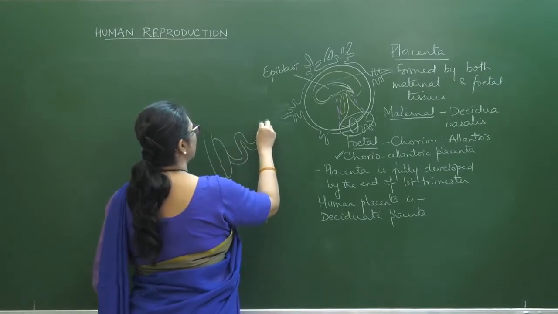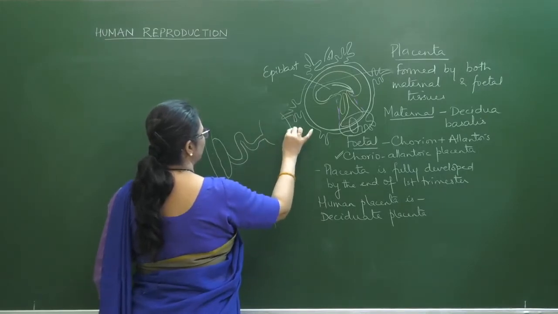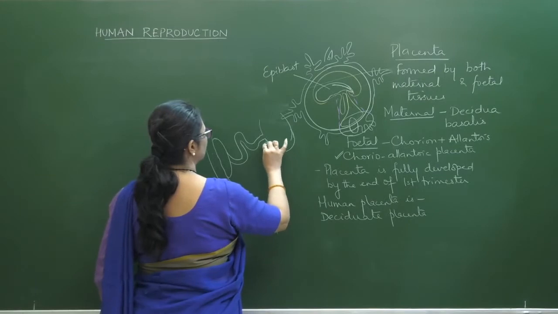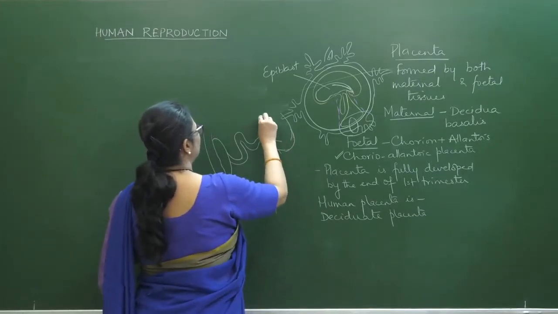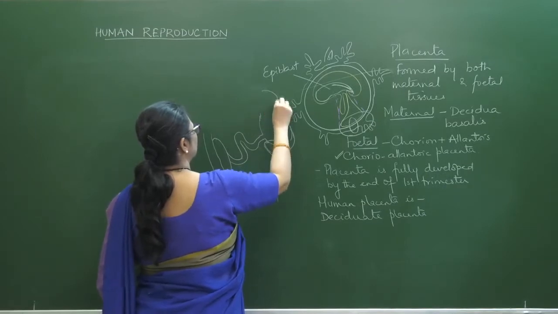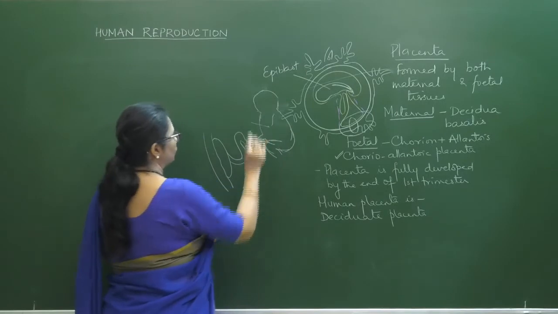It is attached to the umbilicus, that is the navel of the baby, right? Let's draw the baby here, and there's the head portion, so on. Okay, something like this, you can get an idea.